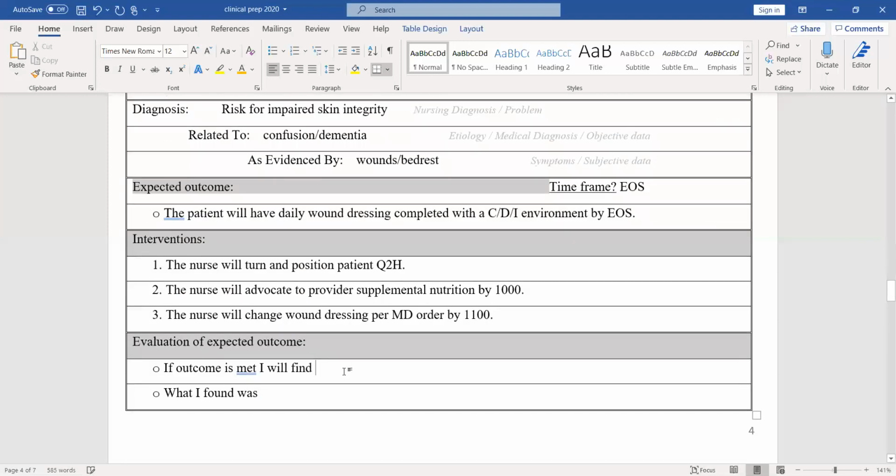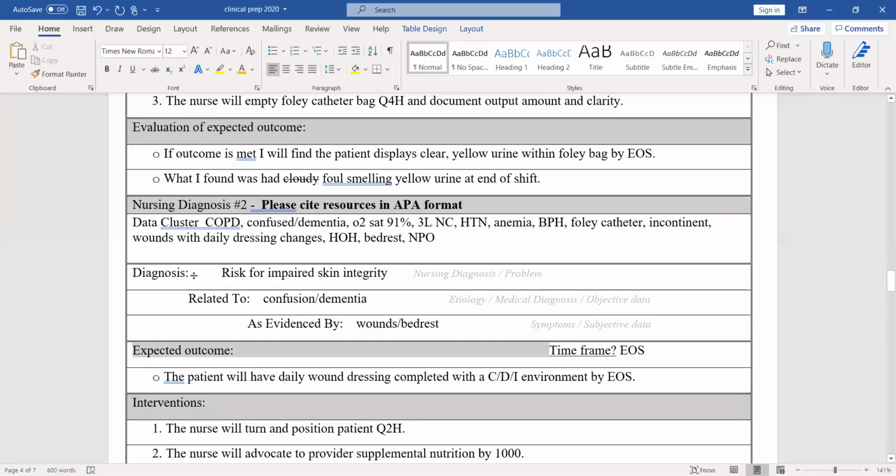If the outcome is met, I will find the daily wound dressing changed and clean, dry, intact by end of shift. What I found was the dressing was changed and clean, dry, intact. Very straightforward.